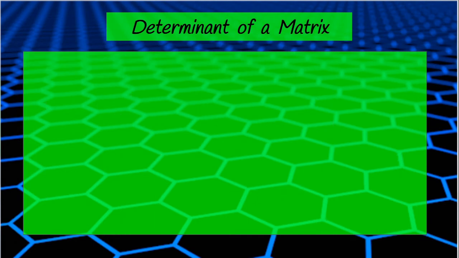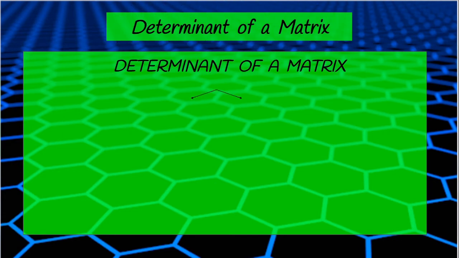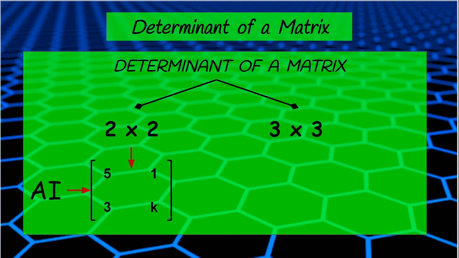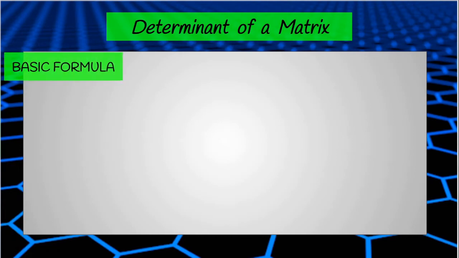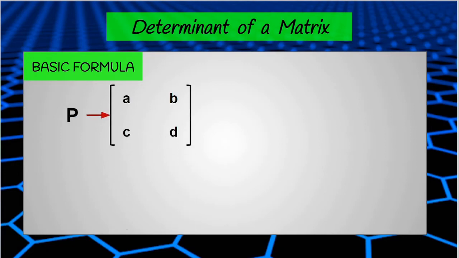Now, since the method for finding the determinants differs for a 2 by 2 and 3 by 3 matrix, in this video, we'll focus on finding that of a 2 by 2 matrix. The basic formula for this goes as follows. Let's say we are given a certain matrix P as this 2 by 2 matrix consisting of letters A, B, C, and D. We find the determinant by multiplying diagonally, then subtracting.